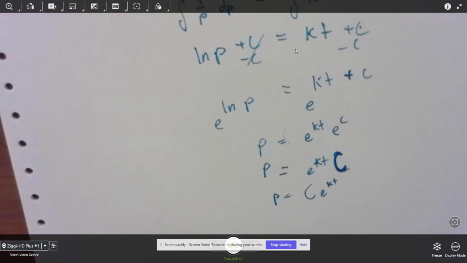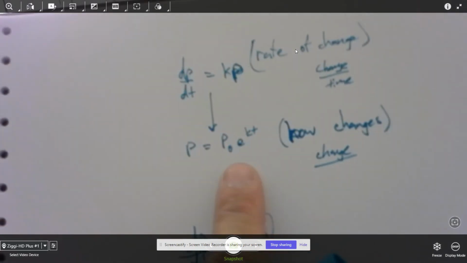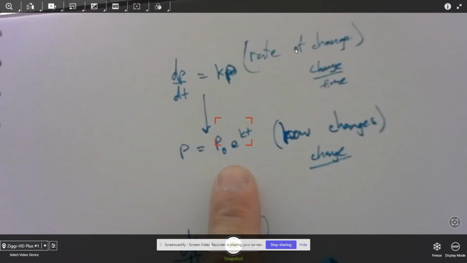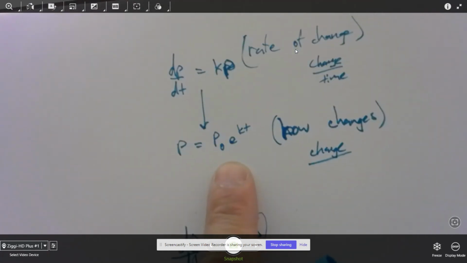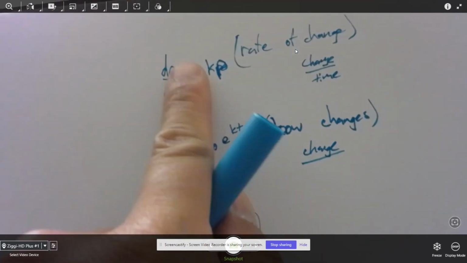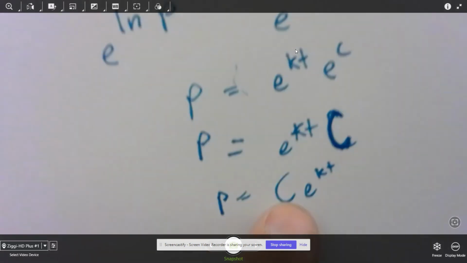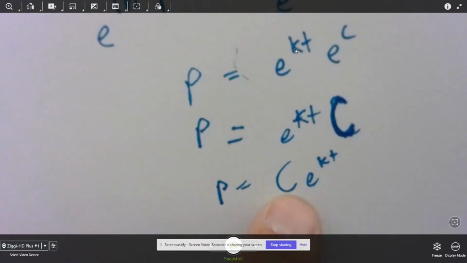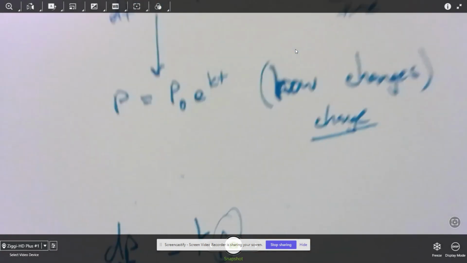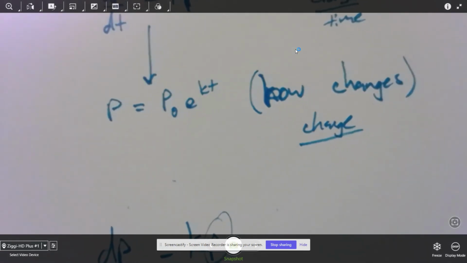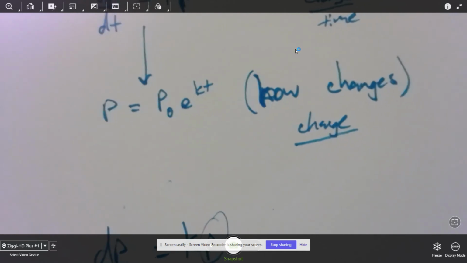This is a review from what we went over in class a while ago, but maybe you don't remember. This is just a proof, right? We don't have to memorize proofs. But to get from here to here, basically that giant C, P is equal to C times e to the kt, and up here it is equal to P0 times e to the kt.